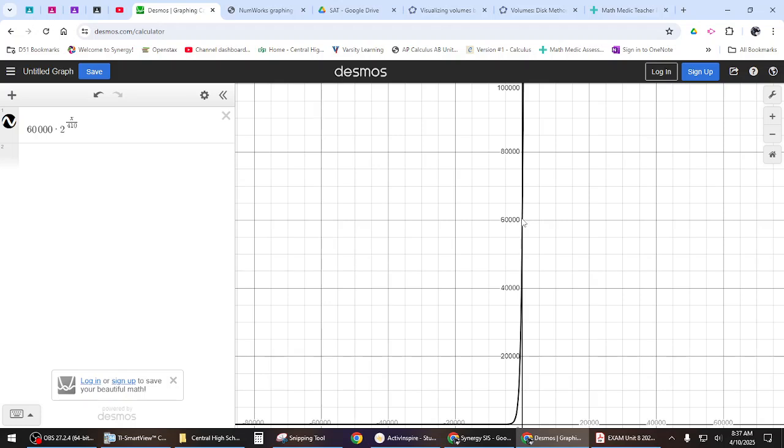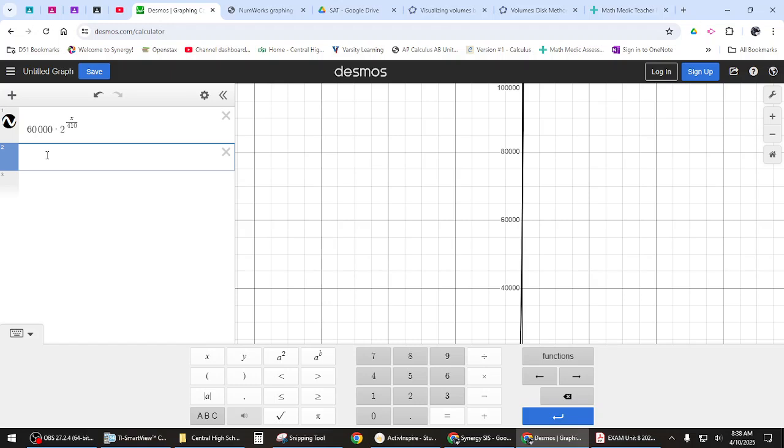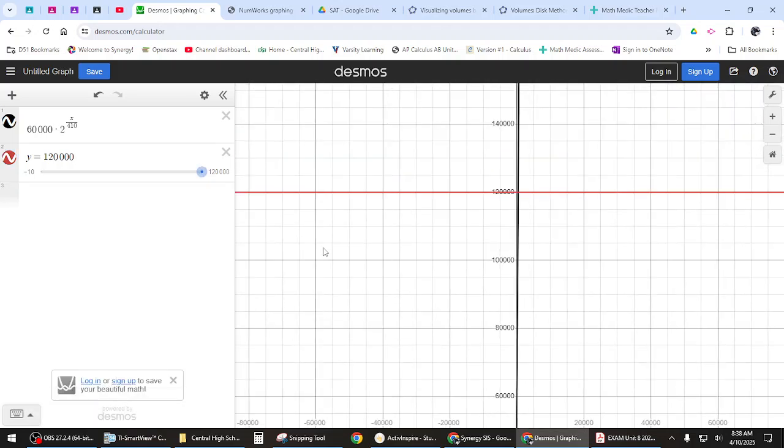Here's an easier way to do that. Let me show you. So you don't have to scroll through and figure it out. Look, we know we want it to be how much? 120,000. So just put in y equals 120,000, and that's going to put a horizontal line right where you need to look.